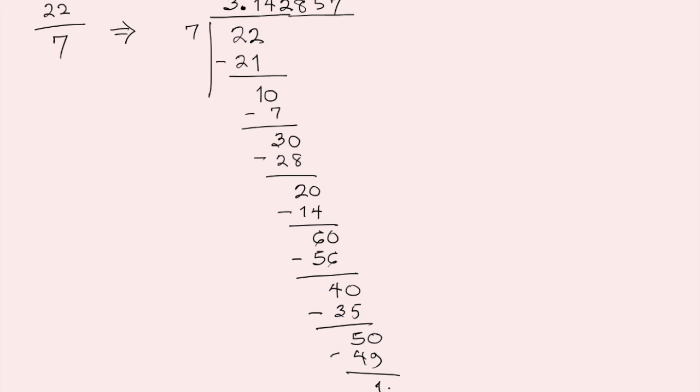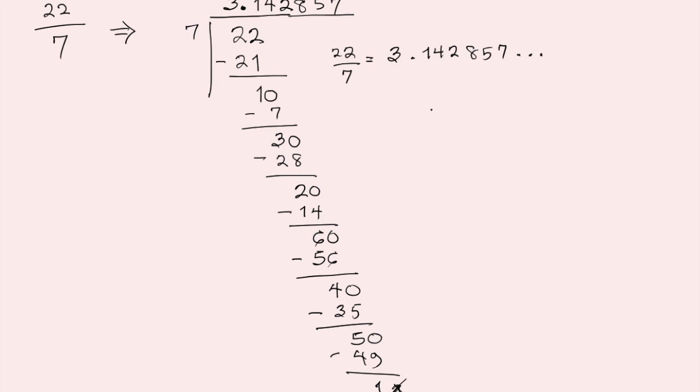Since we're running out of paper, I think I'll suggest that we stop here. But my point is that this division can tend to go on forever. And so if we write down our solution as we are right now, that's 22 over 7 is equal to 3.142857, which can be continued.